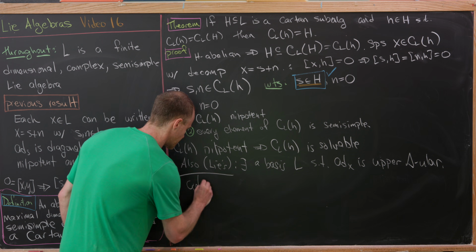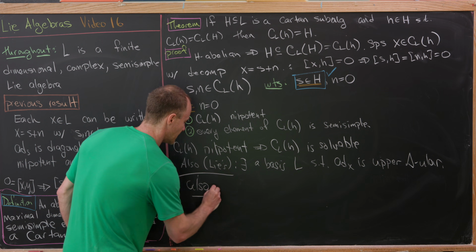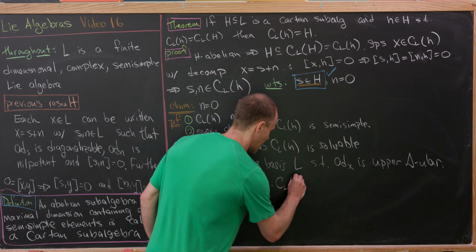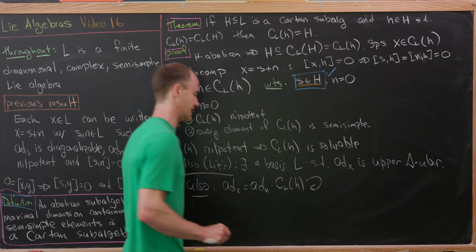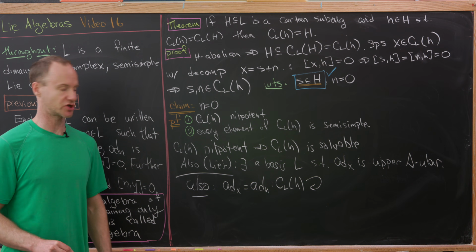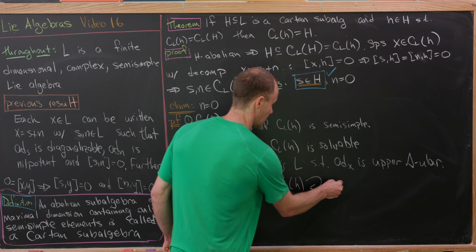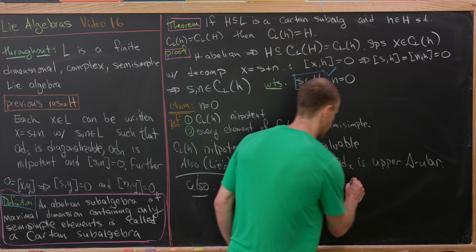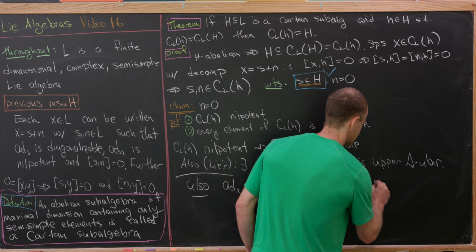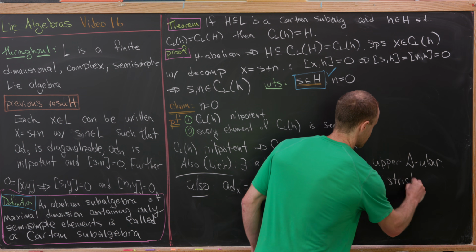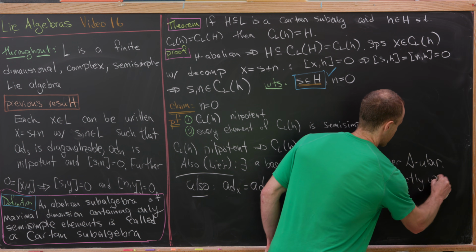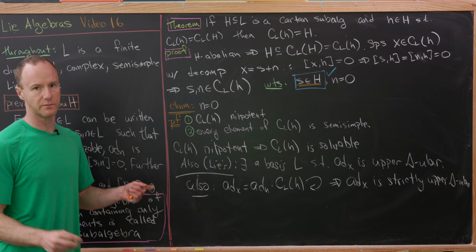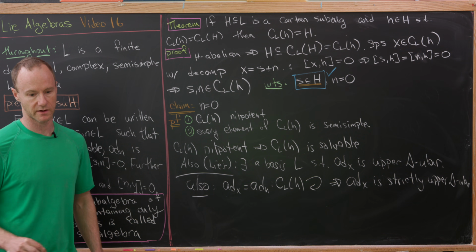So also, we know that ad x is equal to ad n on this CLH, the restricted linear transformation. But then if x collapses to its nilpotent part, that means that ad x is strictly upper triangular. Remember, nilpotent means strictly upper triangular.